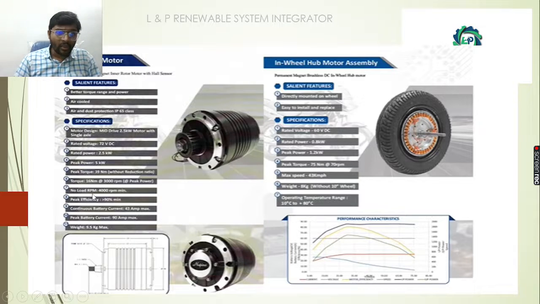During the no load condition RPM will go up to 4000. The maximum weight of this assembly is 8 kg. Its operating range is from 10 degrees to 80 degrees. Its maximum weight is 9.5 kgs.